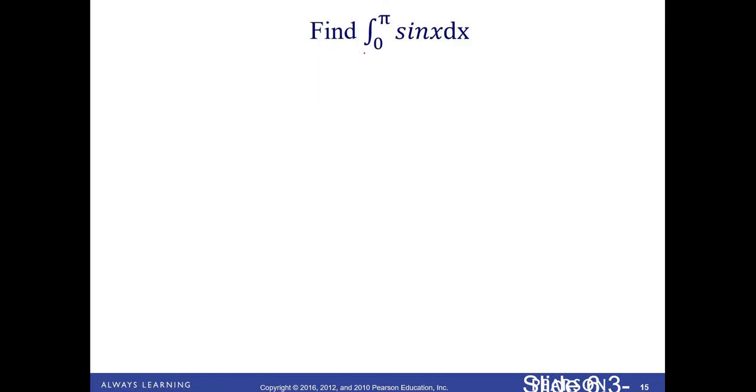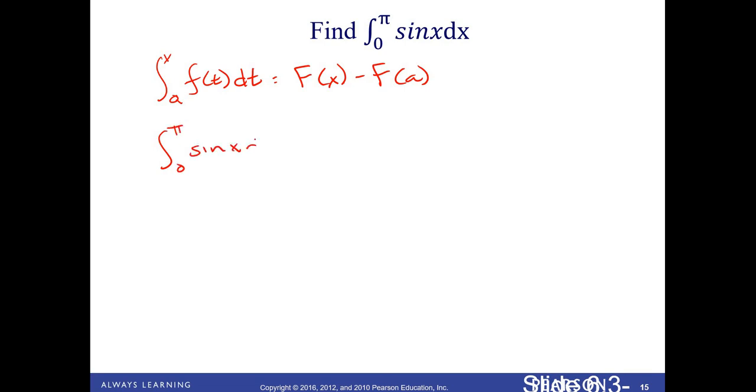So find the integral from 0 to pi of sine x dx. So I'm going to use this model that we had, which is the integral from a to x of f of t dt equals the antiderivative evaluated at x minus the antiderivative evaluated at a. So let's use our problem, 0 to pi of sine x dx.